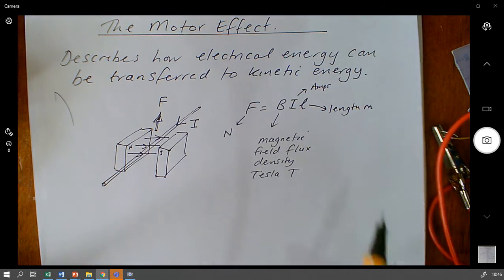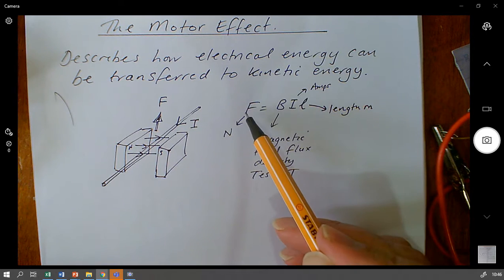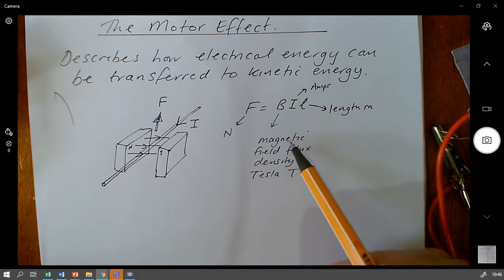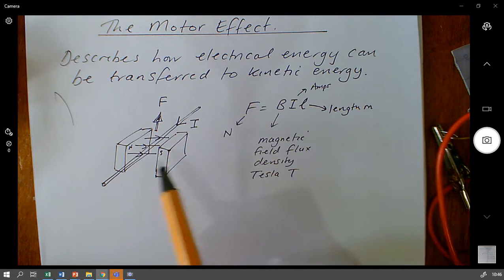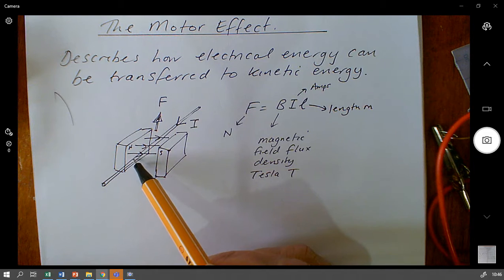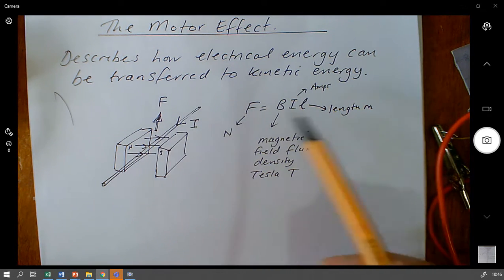So that's fairly simple. If we put more current through the wire, the force gets bigger. If we have a stronger magnetic field, with stronger magnets, we'll get a bigger force. If there's more conductor in the magnetic field, we will get a bigger force.